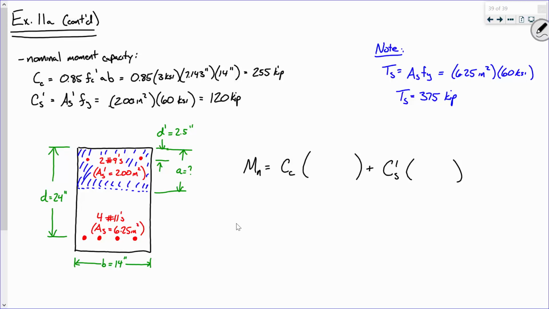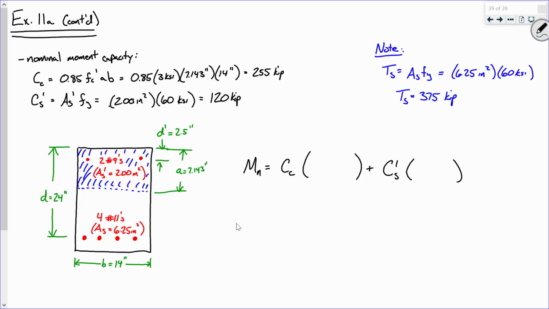So let me ask you this. How far is it from the tensile steel to the center of this compressive block? We go up d, down half that, right? To reduce confusion, say that this is 7.143.